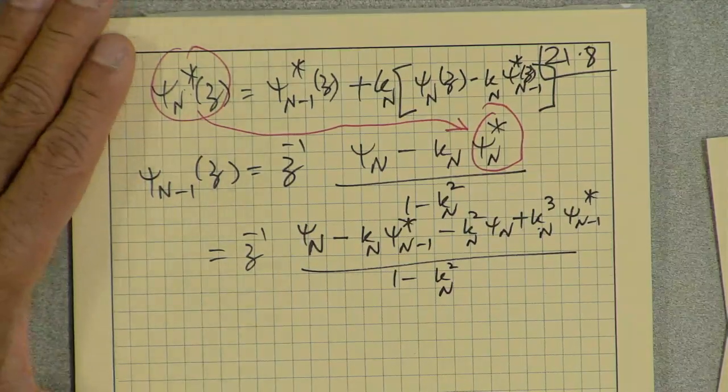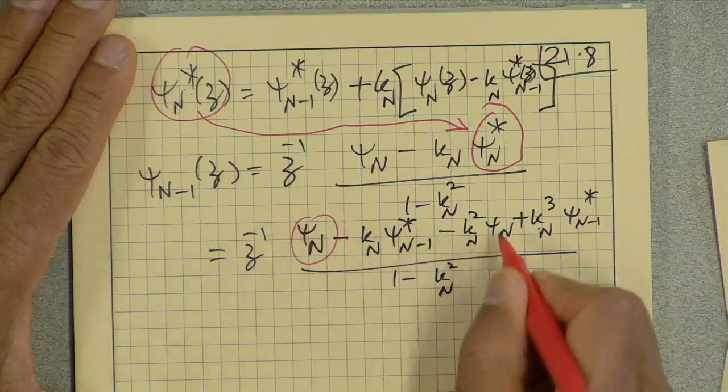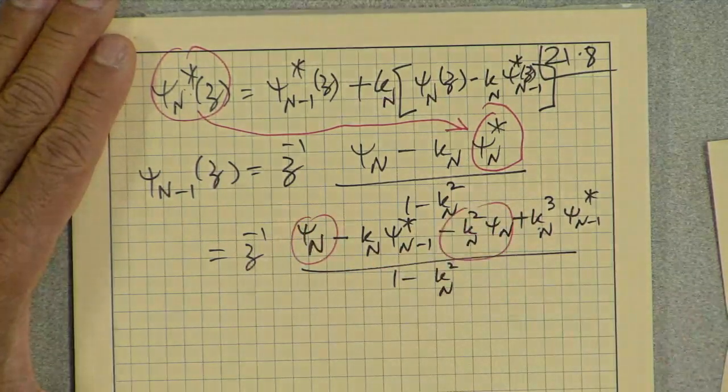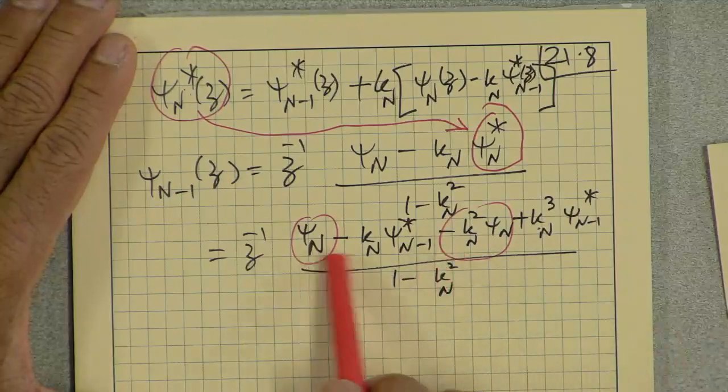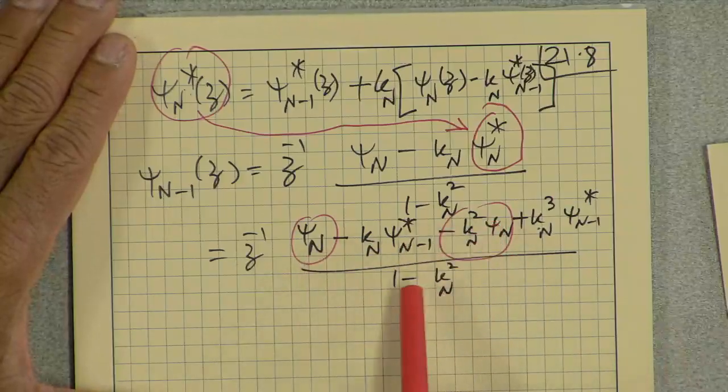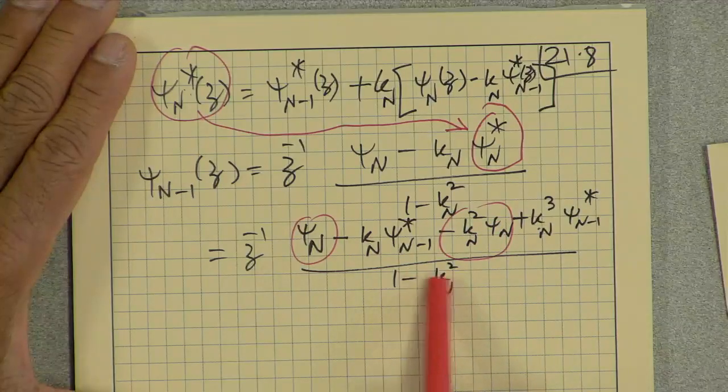So from this term and that term, we can take 1 minus kn squared, with psi n outside a bracket, and 1 minus kn squared cancels out with the bottom 1 minus kn squared.